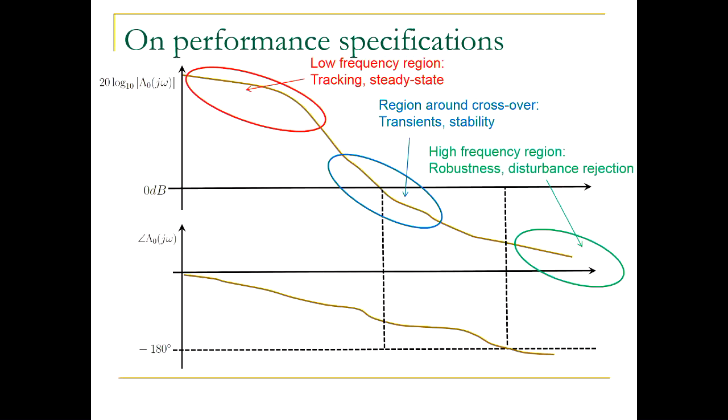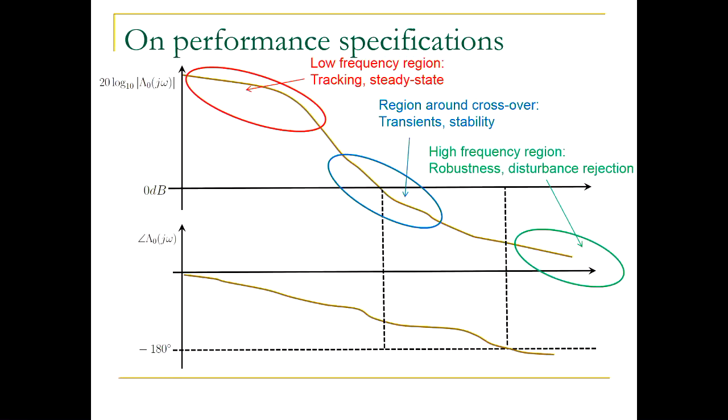If you look at the region around the crossover frequency, by the way, the frequency at which the magnitude in the Bode plot is 0, that's the point where the Nyquist plot crosses which point or line or circle? What does this correspond to in Nyquist plots?